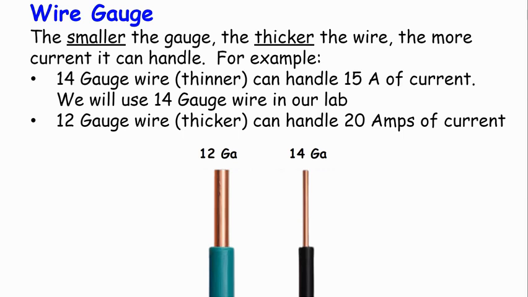But if you have a newer home, you probably have 12 gauge, maybe even 10 gauge wire. And the advantage to having thicker wire is that you can handle more amps. And in our homes these days, we have a lot of electrical devices. So we like lots of current, right? So usually newer homes are built with 12 or 10 gauge wire.